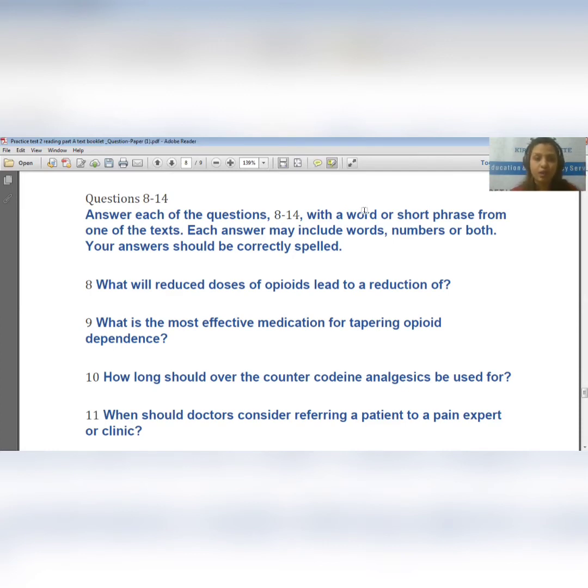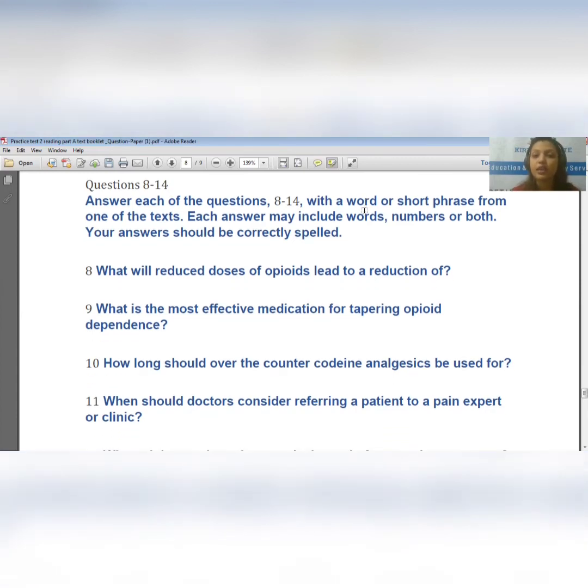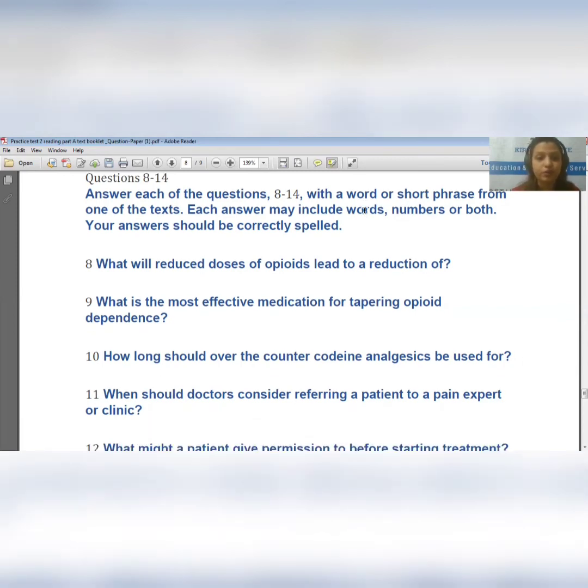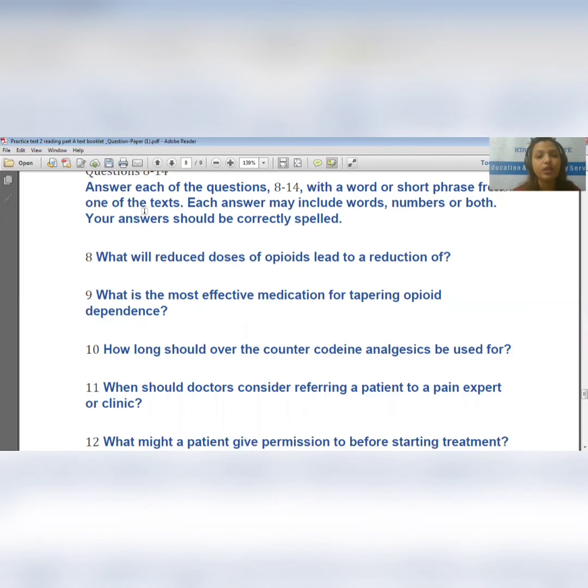You just have to pick up the answer as it is given in the text and write it down. Make sure you are not making any spelling mistake while writing in the answer place. If you make a spelling error, your score will be deducted for sure. Your answer should be correctly spelled.